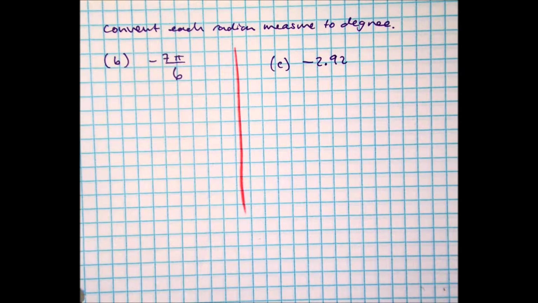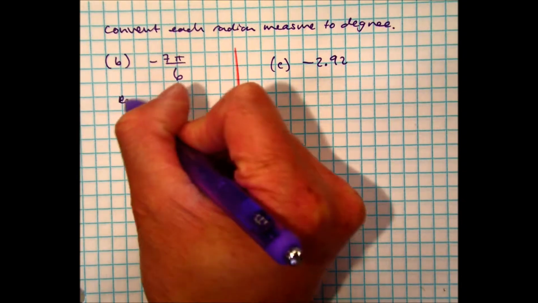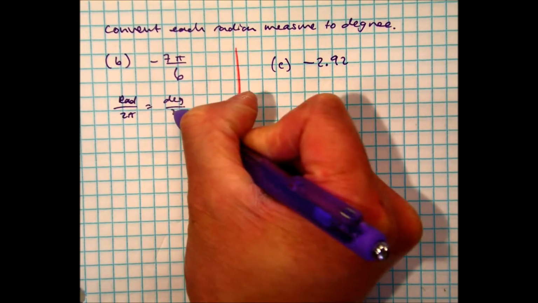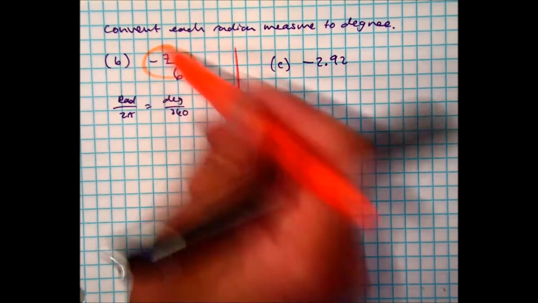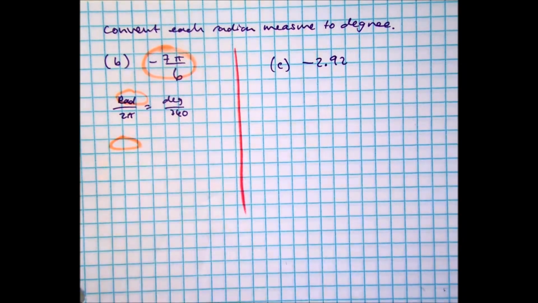Nikita, what's the awesome proportion? Radians over 2 pi equals degrees over 360. So now I'm just going to substitute my radians. This is radians because it has pi in it, and there is no degree symbol. Put it right there.